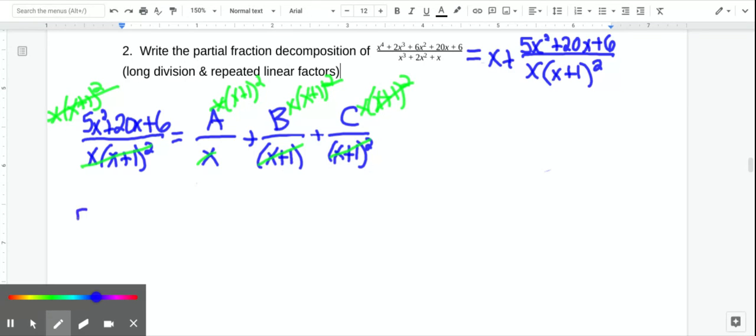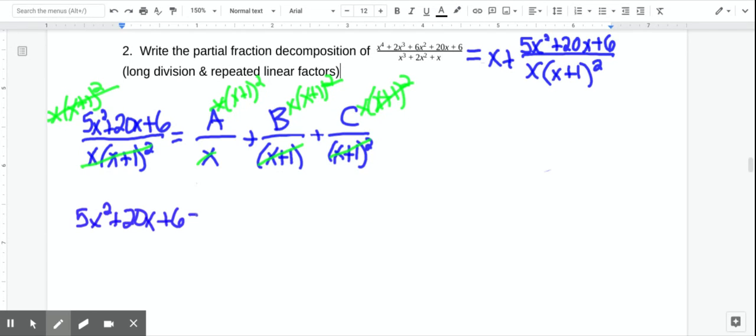So we have 5x squared plus 20x plus 6 equals A(x plus 1) squared plus B(x plus 1) plus Cx. Okay, that is going to be our equation that we're going to keep coming back to.